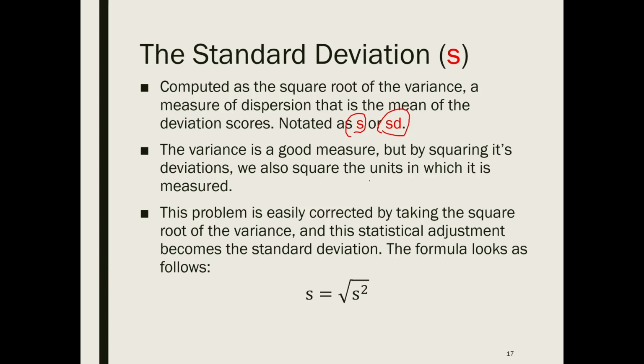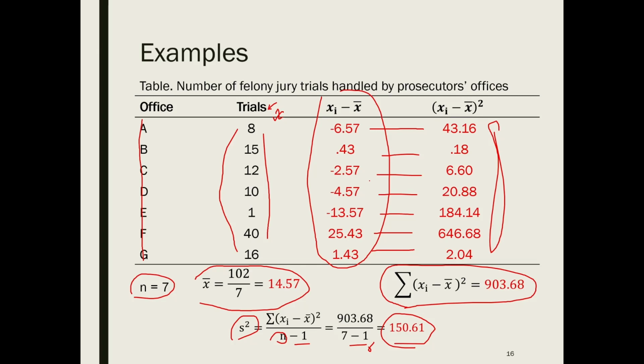So the variance has a problem. It's a good measure of the dispersion of the data, but as you can see, it squares everything. Why do we need to square everything? Because when we calculate the distances, some are positive and some are negative, and if you simply add those together, you get positive and negative numbers mixed together.